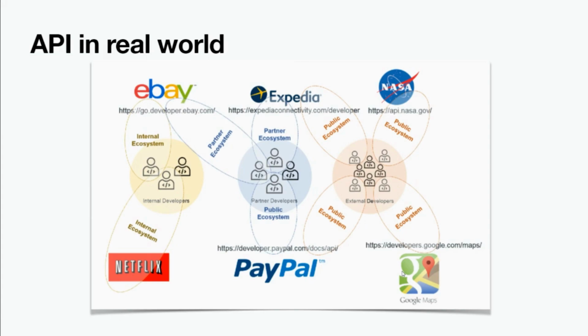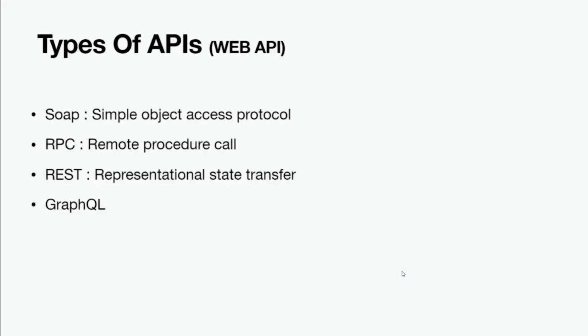You can see in the slide that most of the big organizations have made their APIs available for the developers so they can create something worthy out of that. And coming to the next point, if we talk about different types of APIs, there are SOAP, REST, RPC, and GraphQL.